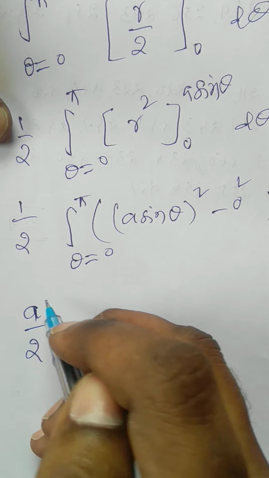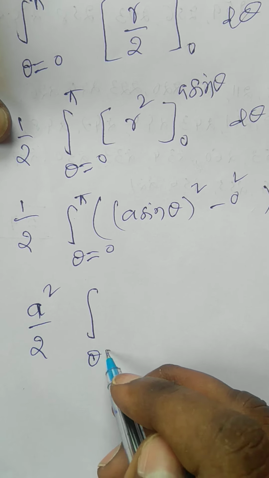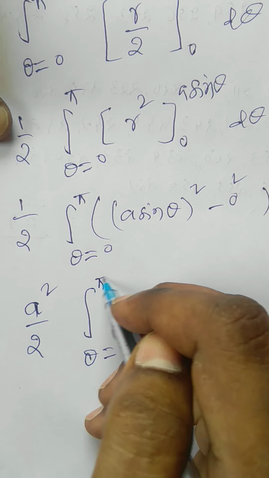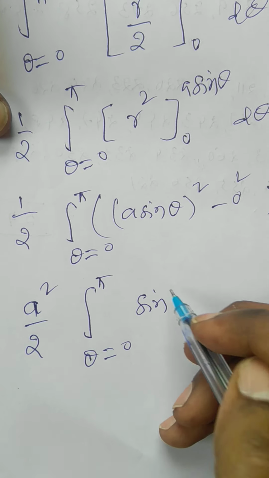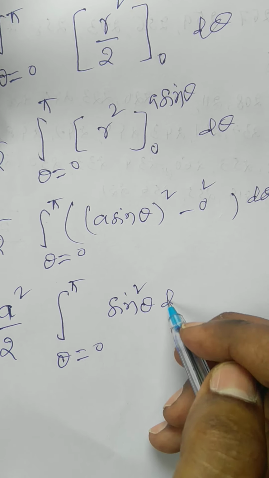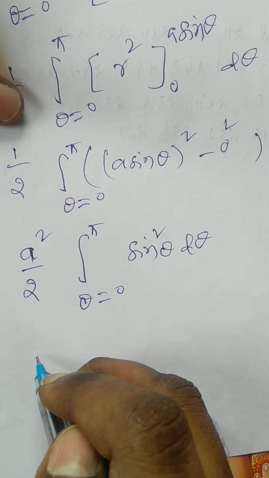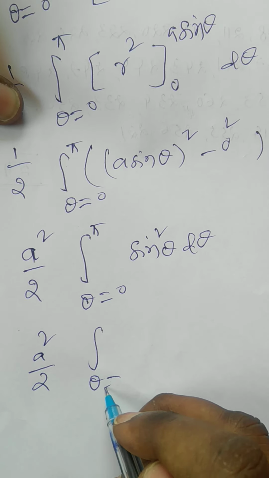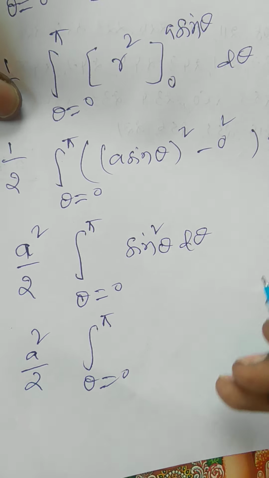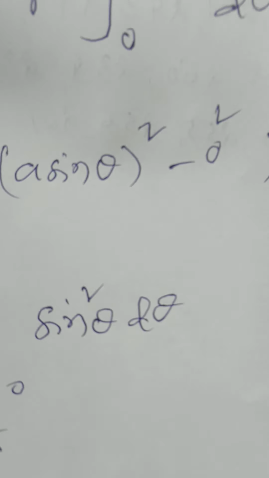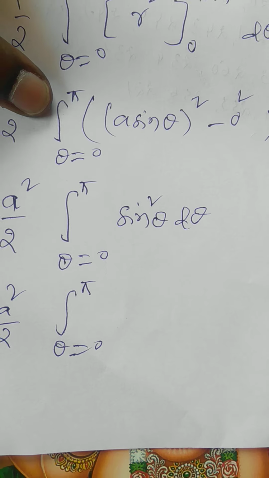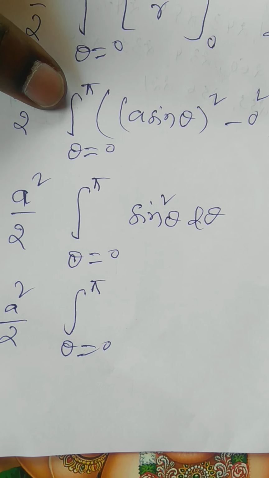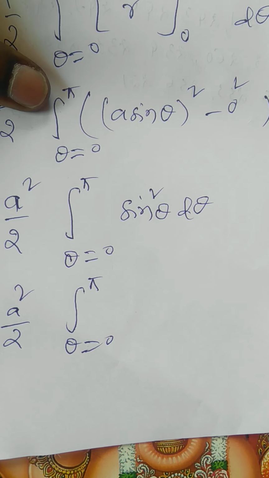I'm writing a square outside. a square into integral theta equals 0 to pi, sin square theta d theta. Now that is a square by 2 integral theta equals 0 to pi. Actually we have a formula for sin to the power of n theta, but directly for sin square theta we have a formula, right?